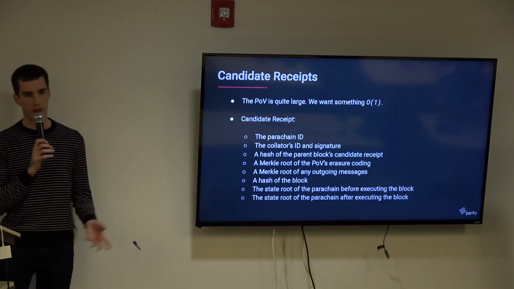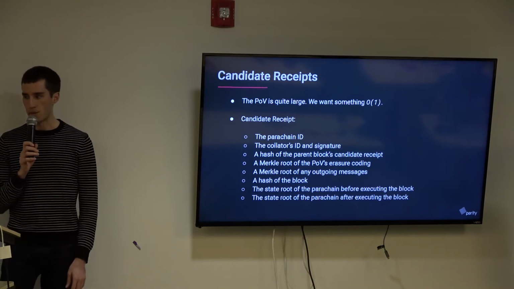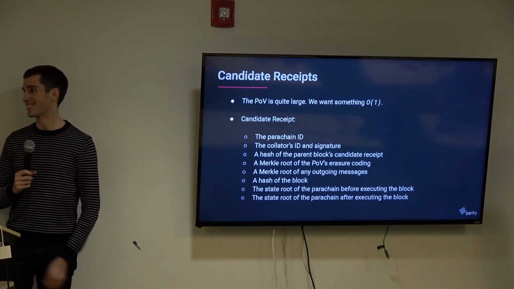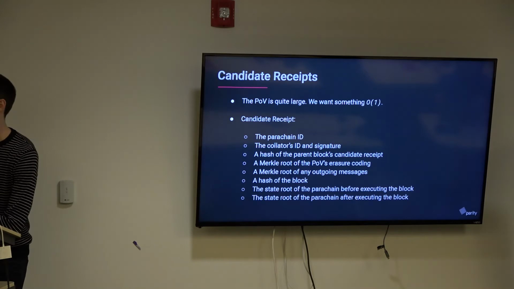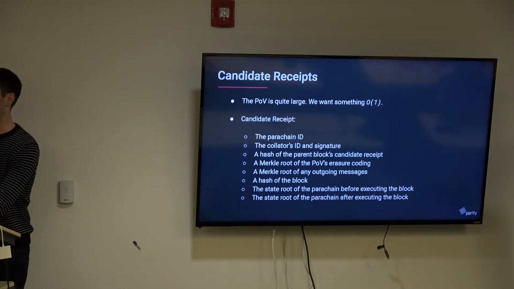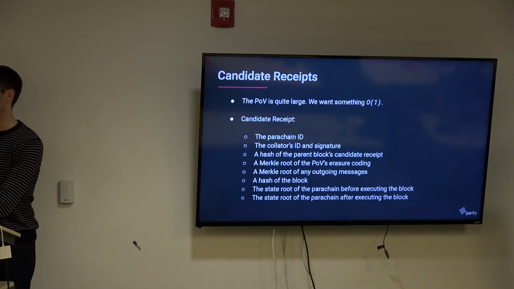We want to always be able to represent it with the same thing. Yeah, the exact same size, or no bigger than a fixed size? It should always be the same size. I mean, as small as possible. Okay. Right, but you don't want a bigger POV to lead to a bigger candidate receipt that's going in the relay chain. Okay.